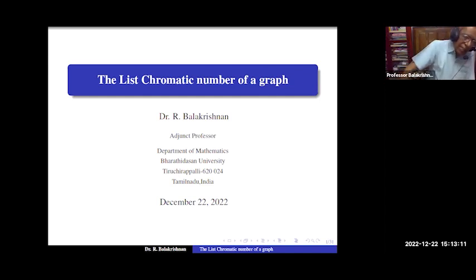Well, the title of my talk is the histochromatic number of a graph. All of you are familiar with graph coloring. So the main point is you color the vertices or edges. Suppose you want to color the vertices of the graph. If the graph has got n vertices, then we can assign one color to each.